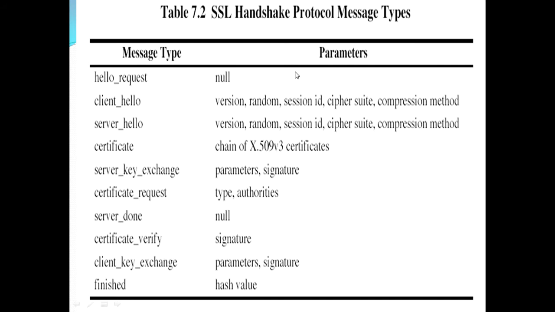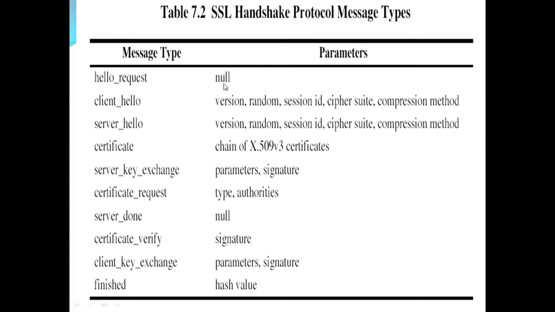SSL handshake protocol message types. Hello request: the message type is hello request and the parameters are null. Client hello, server hello: this is for establishing the session first and authenticating each other. Definitely, this hello message is required.